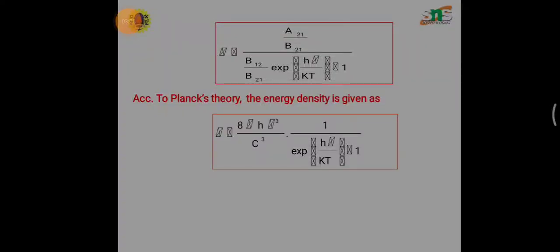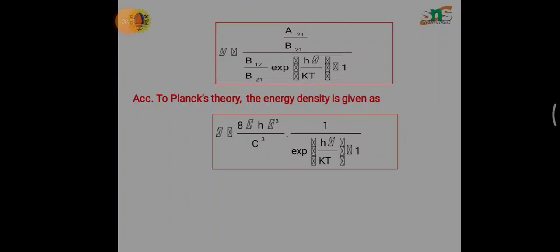At equilibrium we can write the ratio of the population levels as N1 divided by N2 equals e power (E2 minus E1) divided by kBT. We know that E2 minus E1 equals h nu, so N1 divided by N2 equals e power h nu divided by kBT.